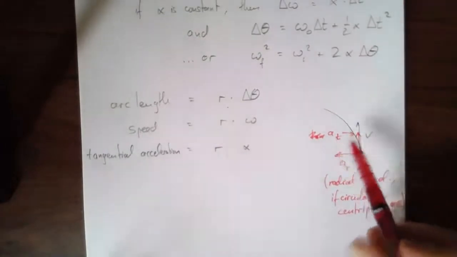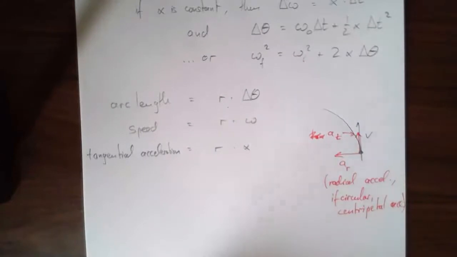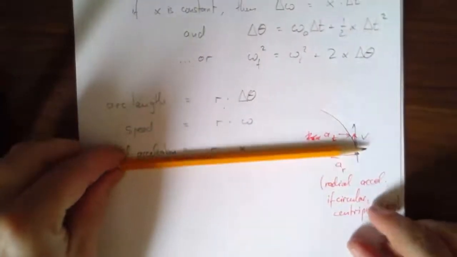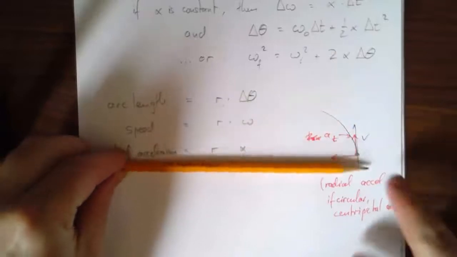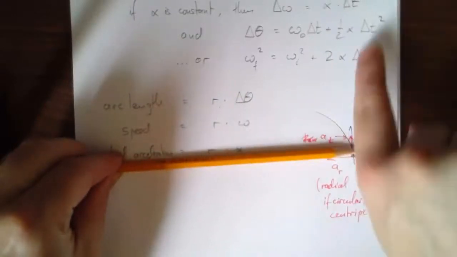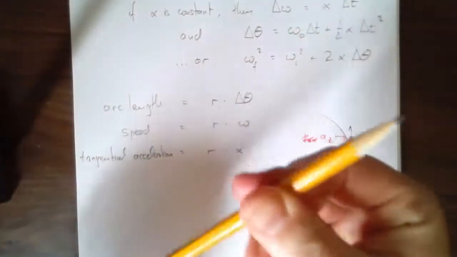So we only care about this one, which is the tangential acceleration. There might be acceleration the other way. In fact, there probably is, because otherwise the thing would go in a straight line, not rotate. If the end point of my pencil is spinning, well, I might be tracking this point here. There better be a force that stops this from going straight. Probably just the internal forces that keep this pencil in one piece.